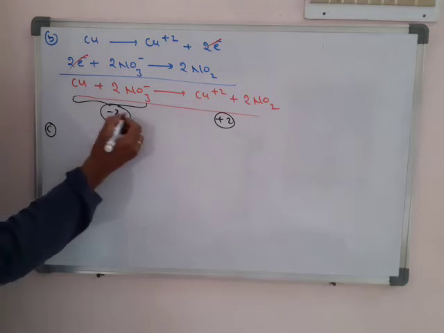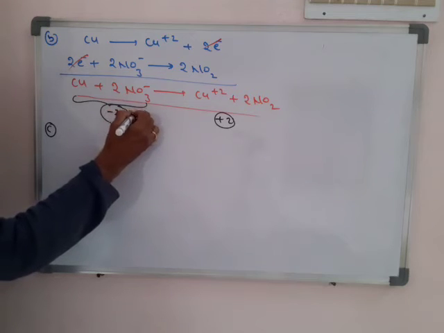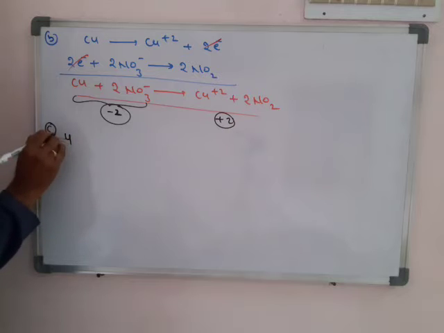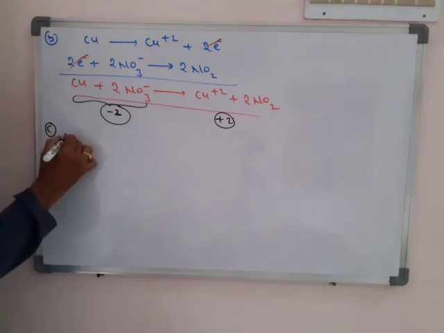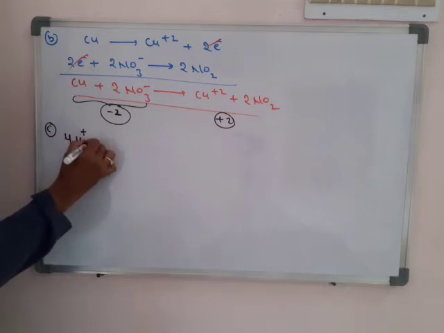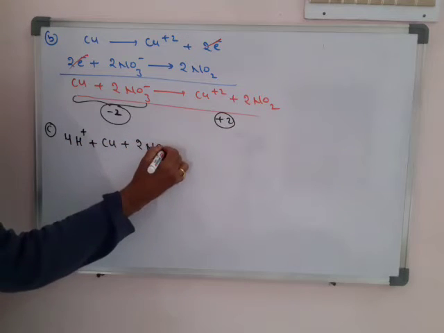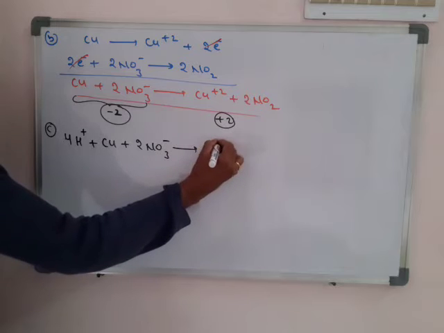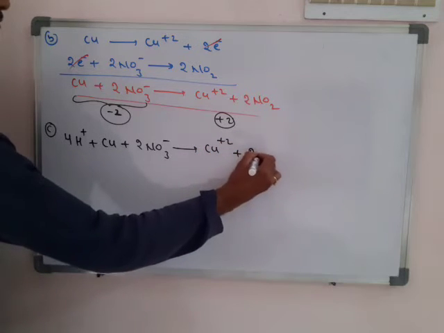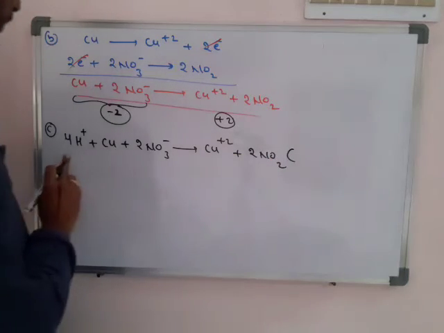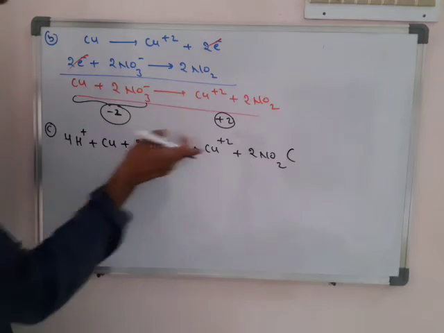So here for -2 to become +2, how much extra should we add? If you add +4, it becomes suitable. 4H+ should be added. Why we are adding 4H+: 4 plus -2, so +2, the same.